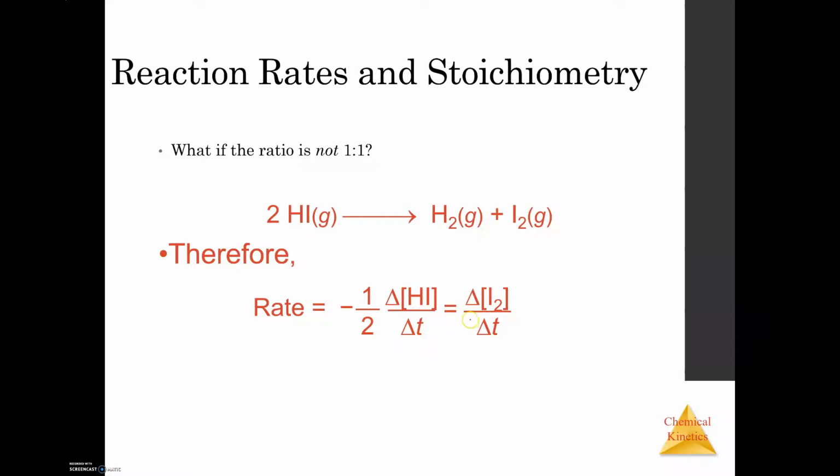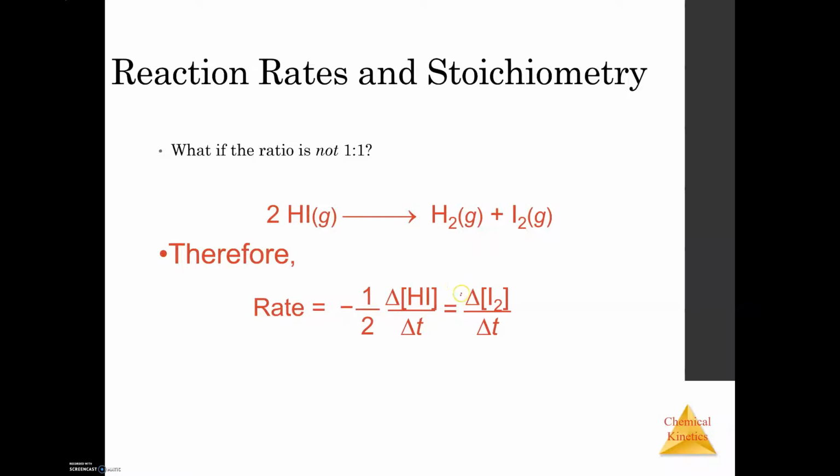It's equal to, now if we're just looking at I2 and H2, they're both the same in this case, but we set these equal to each other because the rates are dependent on how much of the reactants are going down compared to how much of the products are going up. In this case here, it's a 1-to-2 ratio. So as you produce 1 mole of the hydrogen, your concentration of the HI is going to go down by twice, and that's why it's 1/2.